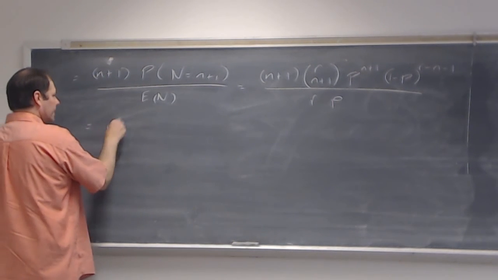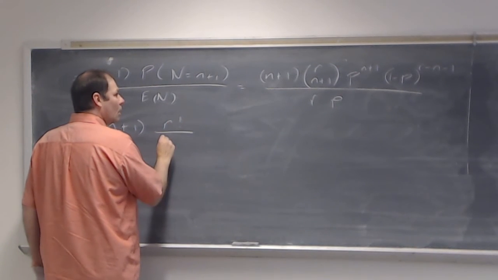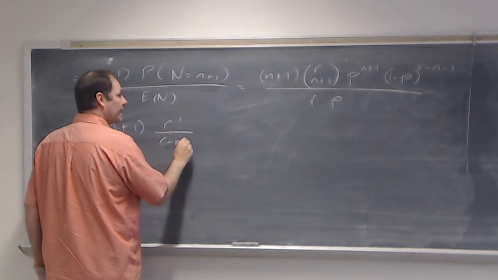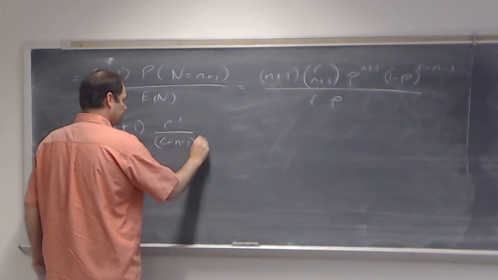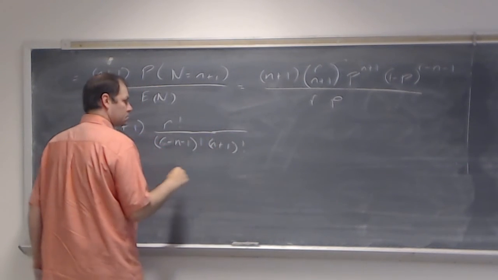This is equal to n plus 1 times R factorial over n plus 1 factorial times R minus n minus 1 factorial.